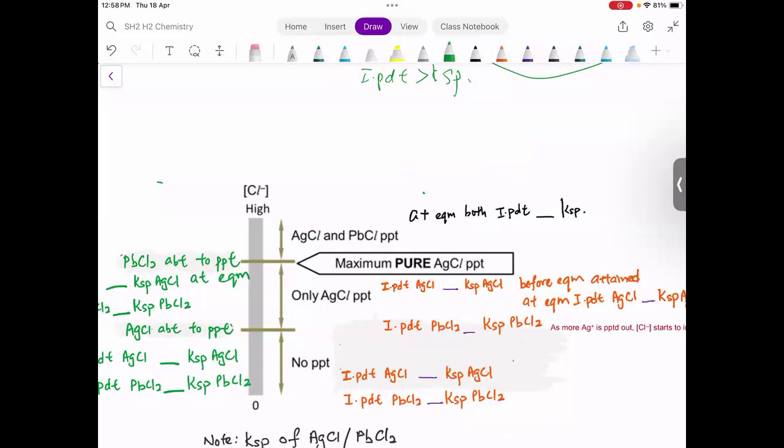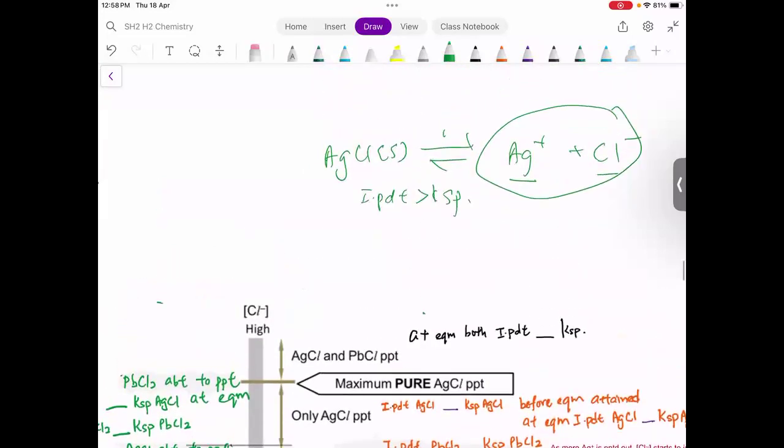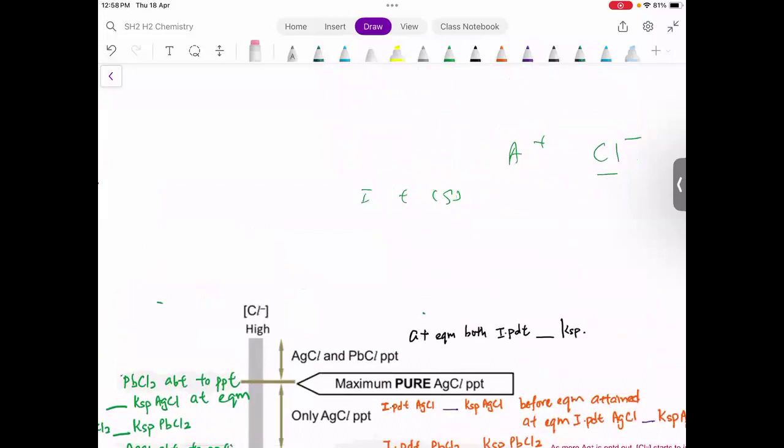I have not started filtration yet. I have to keep on adding to make sure the majority of silver plus is precipitated first before I can separate. I cannot just filter once I see precipitate.